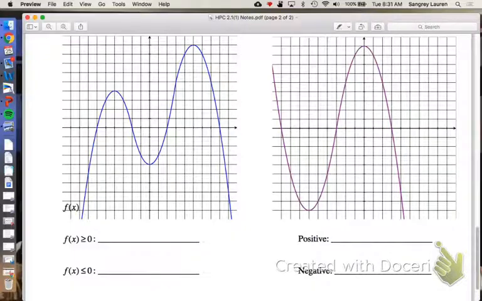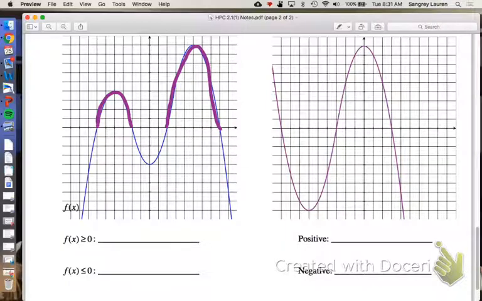Notice the difference here. Now they're asking us for f of x greater than or equal to 0. So we are including 0 in this one. So let's look at the positives first. So it looks like I'm positive here and here.